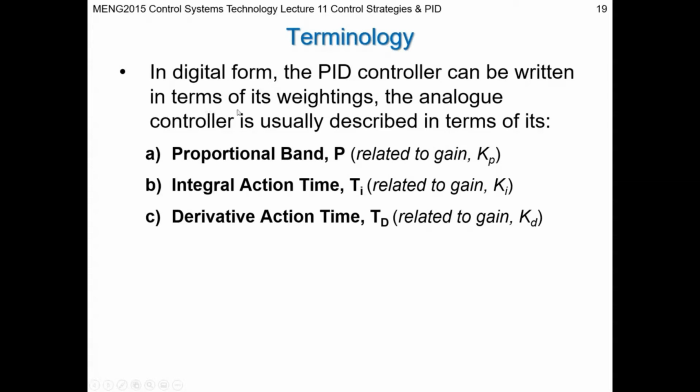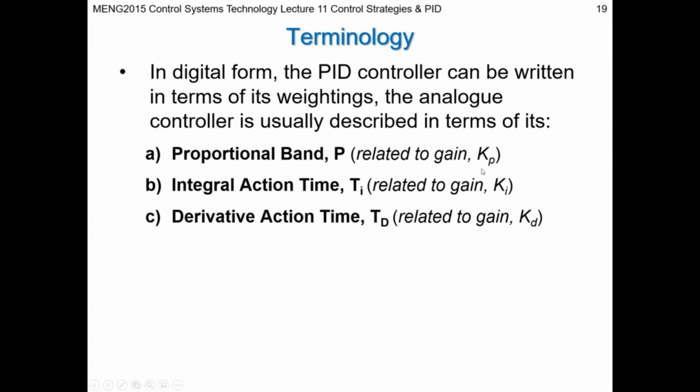So a PID controller, when it's in a digital system, is described with the terminology of weightings, and the analog controller is generally described in terms of a proportional band, an integral action time, and a derivative action time.